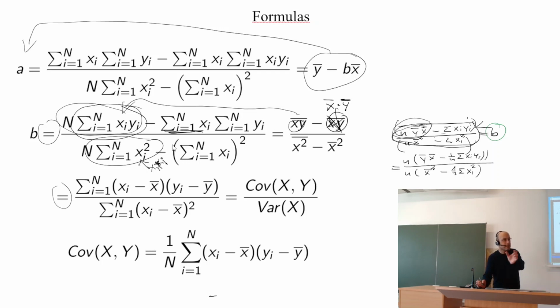So this is again only just a number, x1 squared plus x2 squared plus x3 squared. And so again, this is only the average of the xi squared.